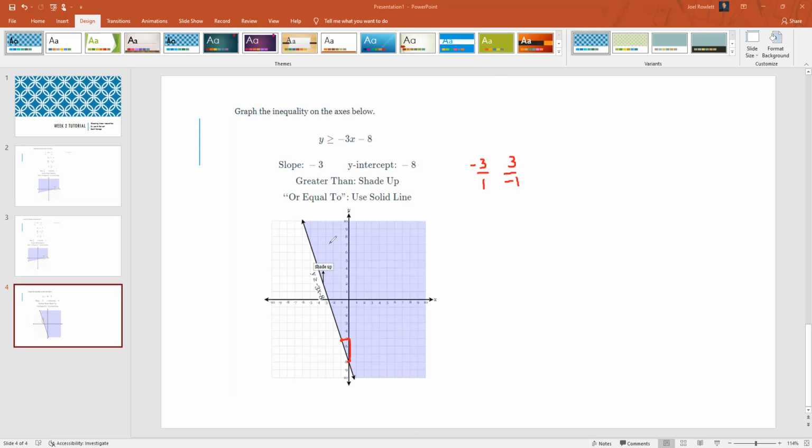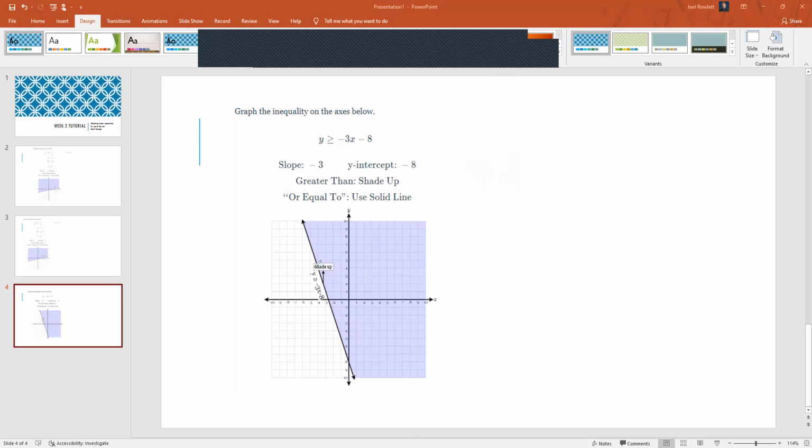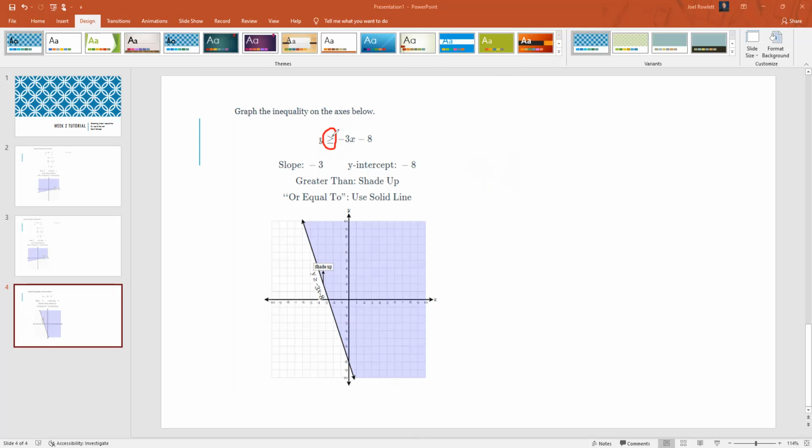So why do we have a solid line this time? Well, if you go back to the original expression, any y value would have to be greater than or equal to the line negative 3x minus 8. And since it can equal the line, that means all points on the line would make that inequality true.